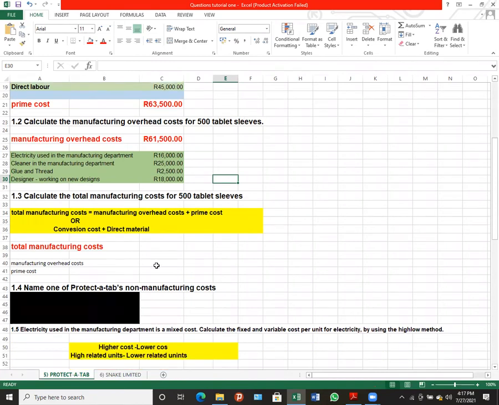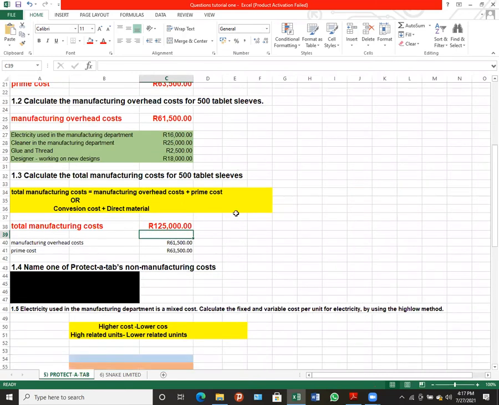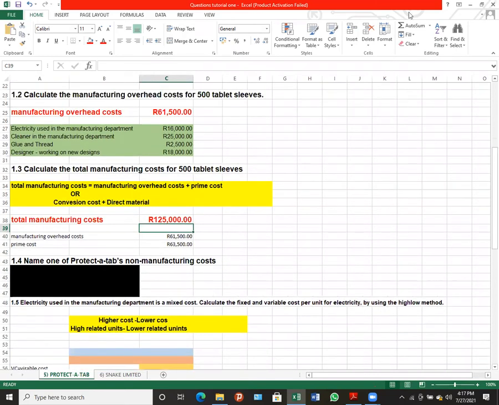Yeah, guys, it's copy and paste. Our manufacturing overhead is equal to this one, and our prime cost is equal to this one, because we have calculated already. Now we can total this plus this, which is equal to our total manufacturing cost. Are we together?